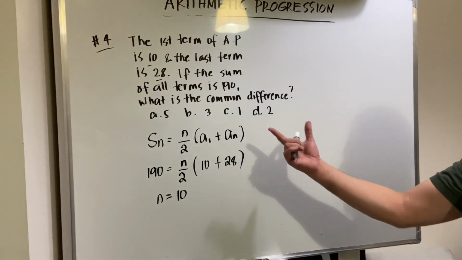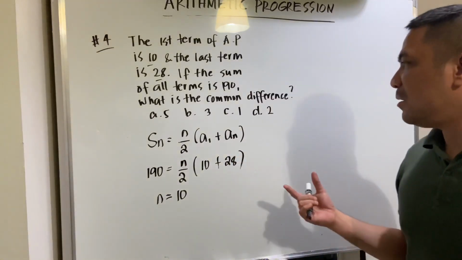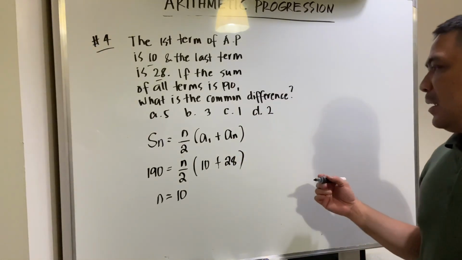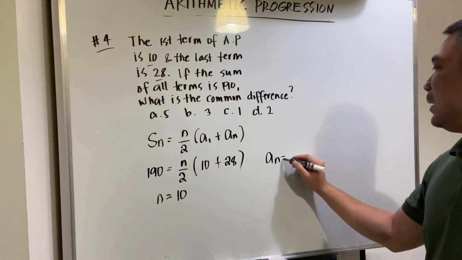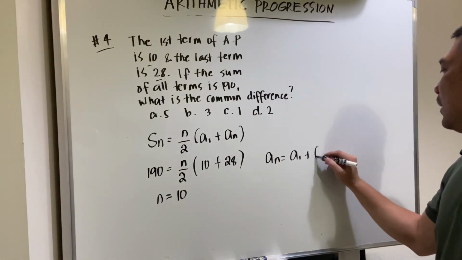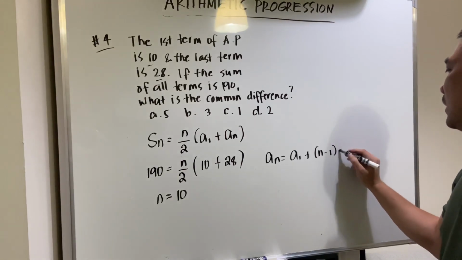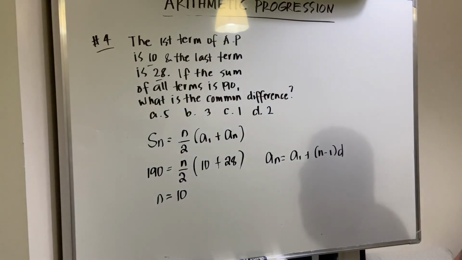But we are asked to find the common difference. So the common difference now is, if I have an, is equal now to a1 plus n minus 1 times d, right?